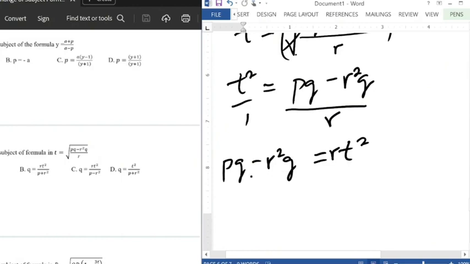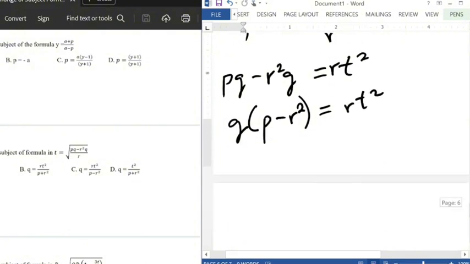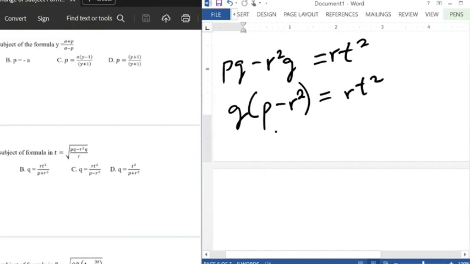So it is q we want to make the subject of formula here. So we factor out q here. That will be q into bracket p minus r squared, right, equals r t squared. So in this case, from here now, we just divide both sides by p minus r squared.